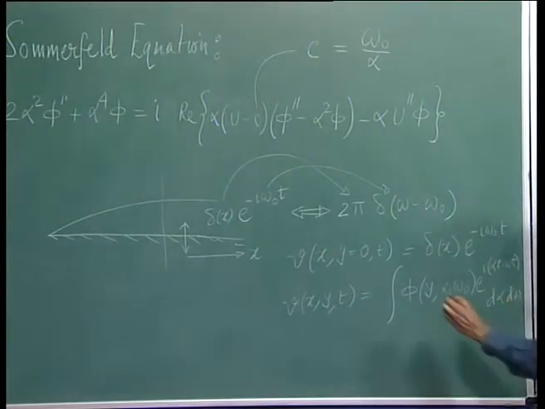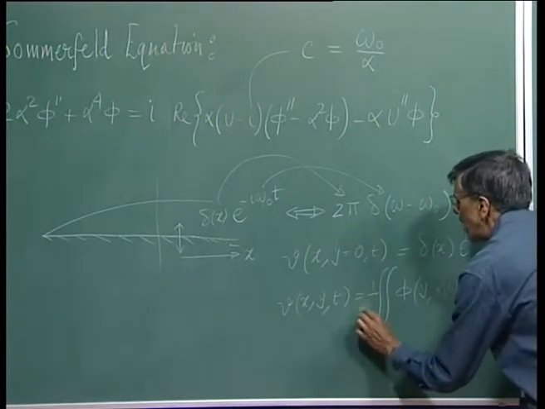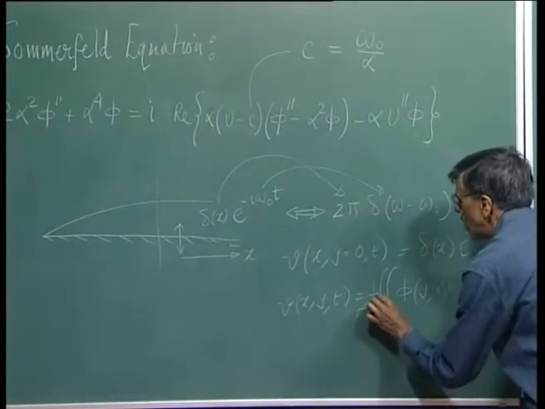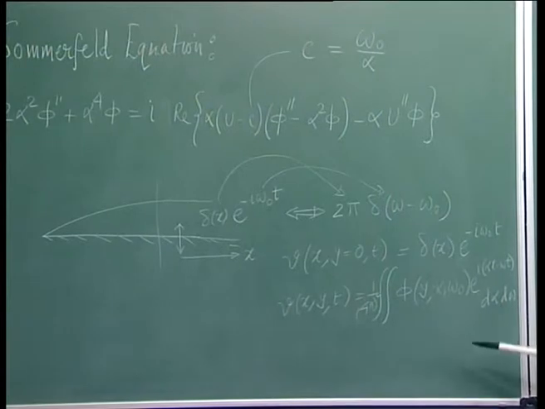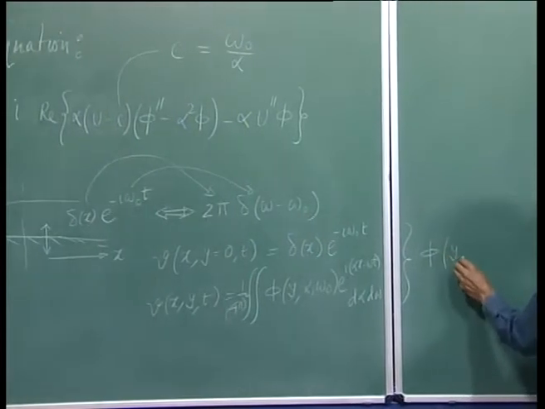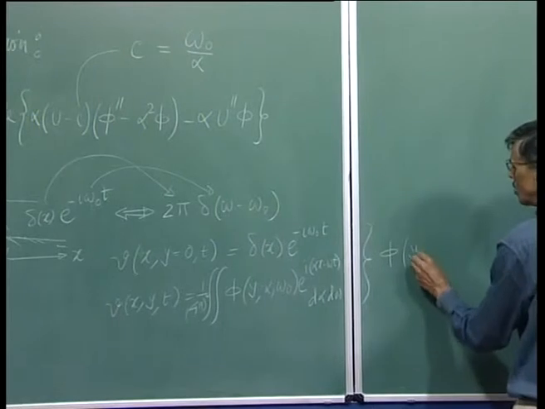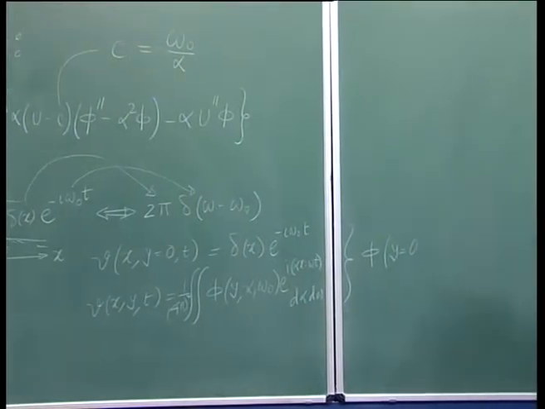This was our definition, right, and we had kind of 1 over 4 pi square, and this was the expression that we had. So, now if I club these two together, what will it give? It will give me phi at y equal to 0, because we are applying it at the wall.